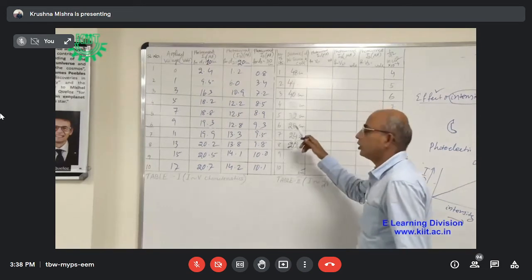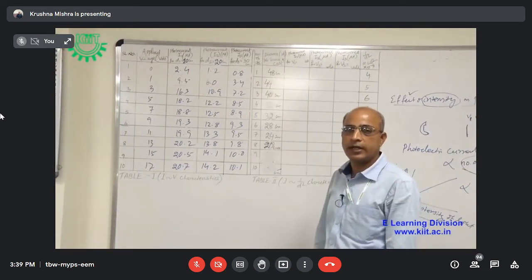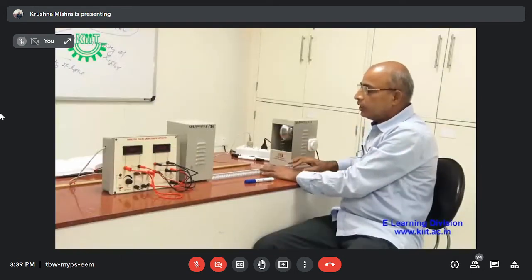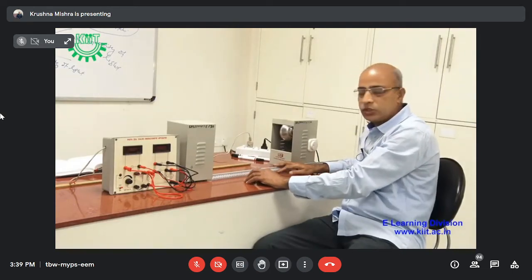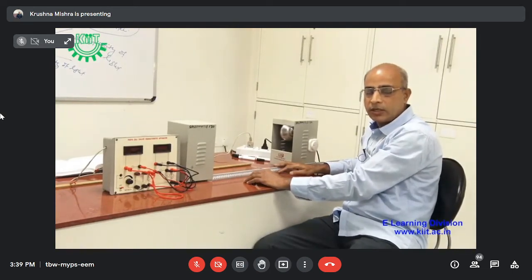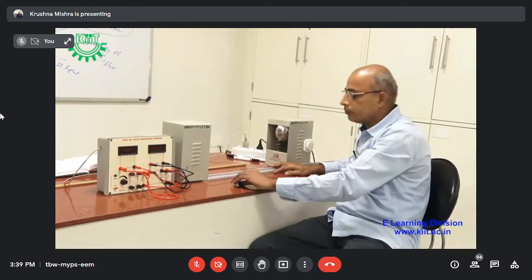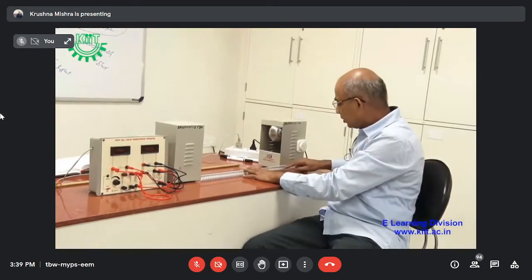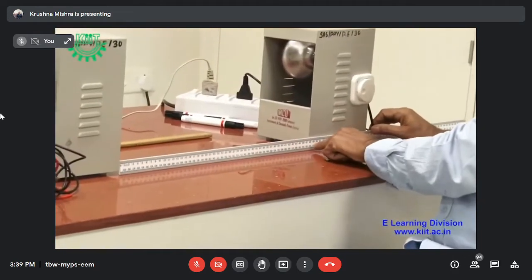Then we will come to the next part, that is the effect of intensity of light on photoelectric current. Now we will go for the second part: what happens to the photoelectric current when the intensity changes. Here we can see the distance between source and cell is 48 centimeter.